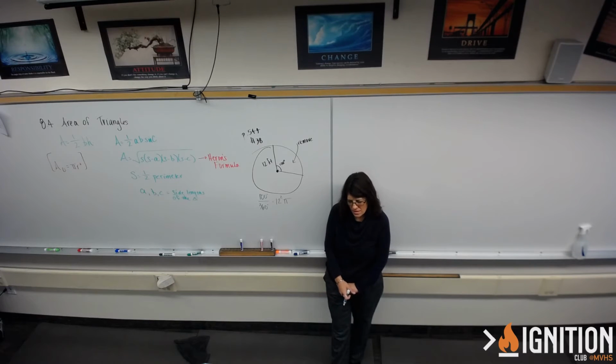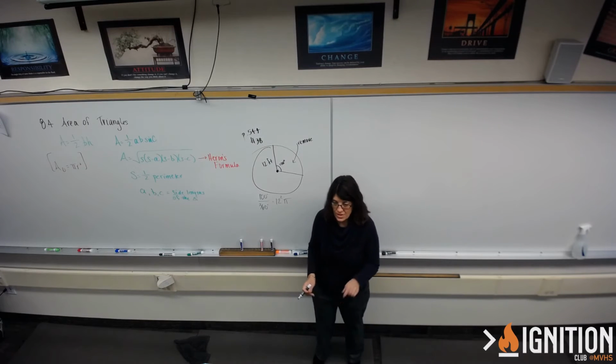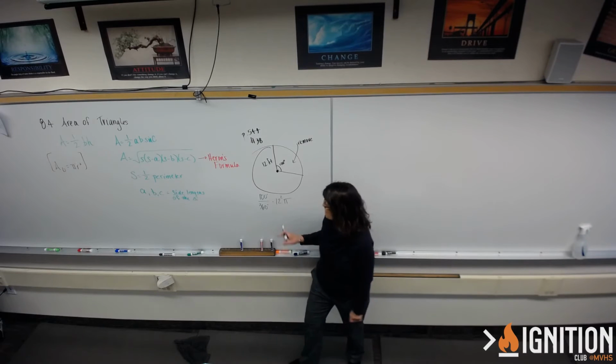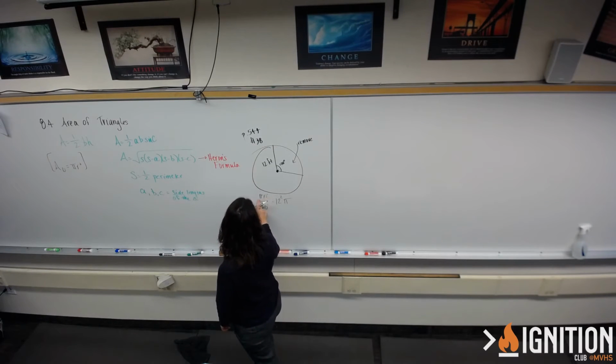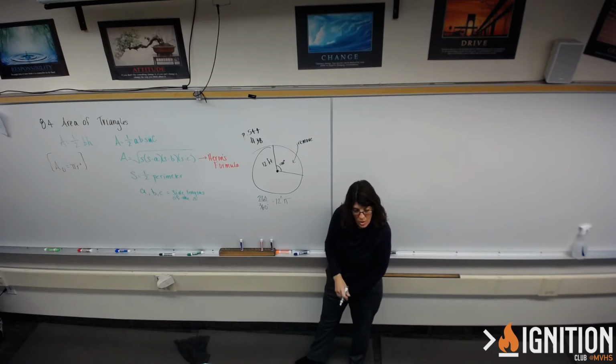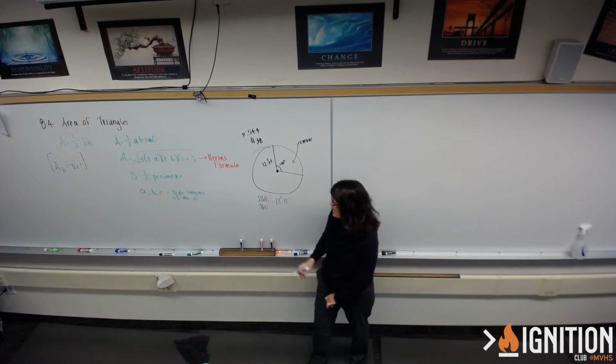Say it again. 260 over 360 times 12 squared pi. Yes, why 260? That's what's left to make your cone out. You've taken the 100 out, so you're left with the 260. And then multiply that all by 2. Why multiply it all by 2? Because the canvas has 2 sides.